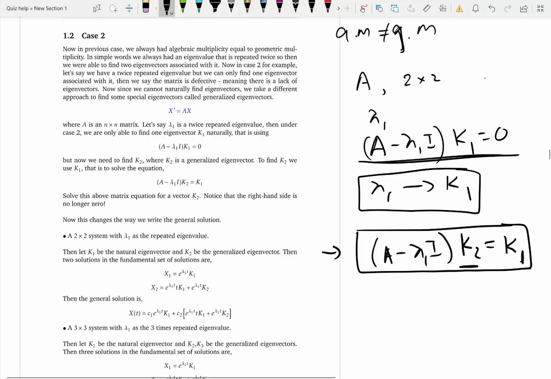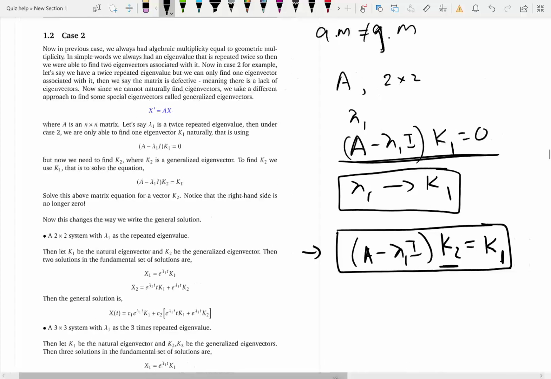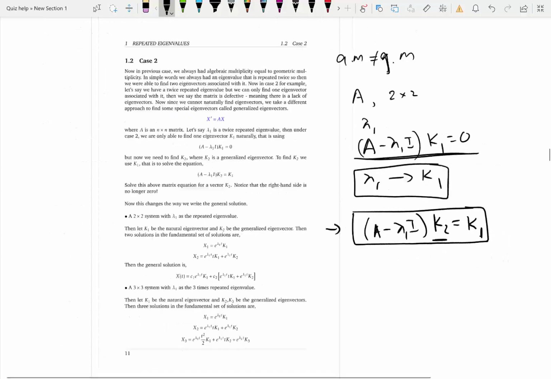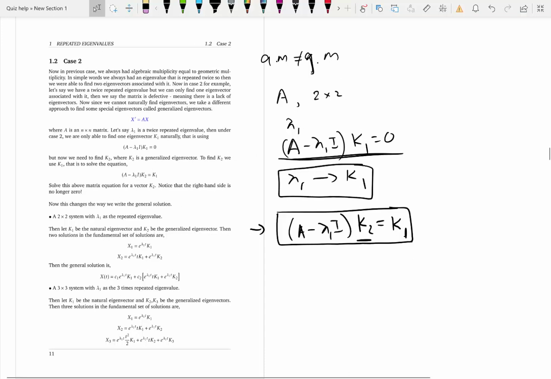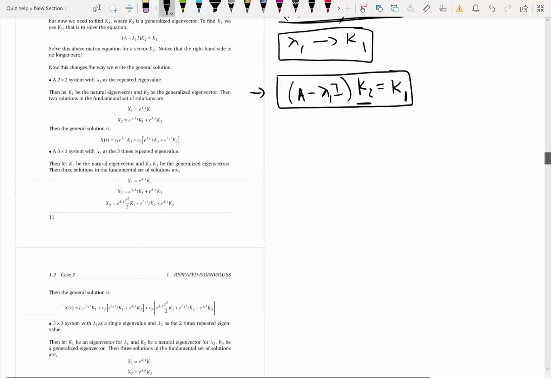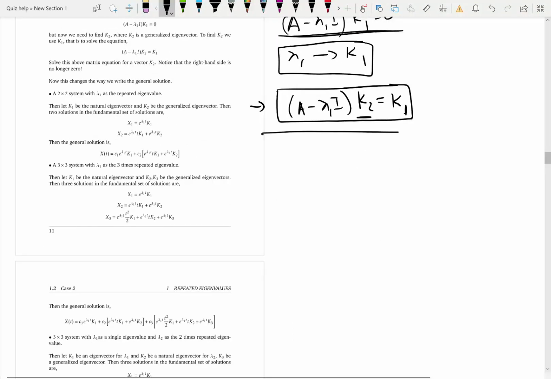Alright, so that is not the only difference. Now in case 2, the way we write the general solution is also very different from case 1, and also very different from the distinct eigenvalue case, okay? Here's how we write the general solution. So let's learn case by case, which means it depends on the size of the matrix.